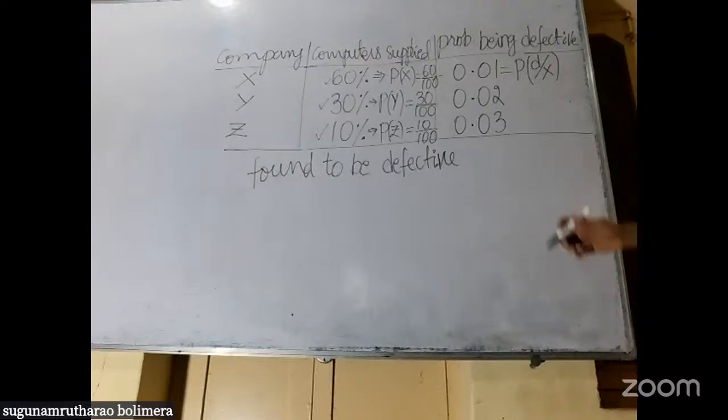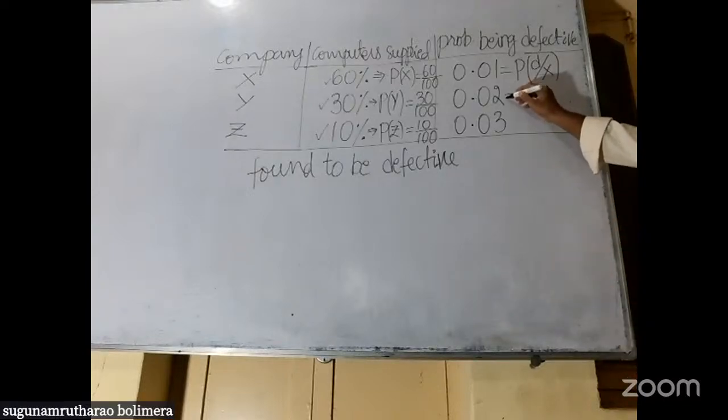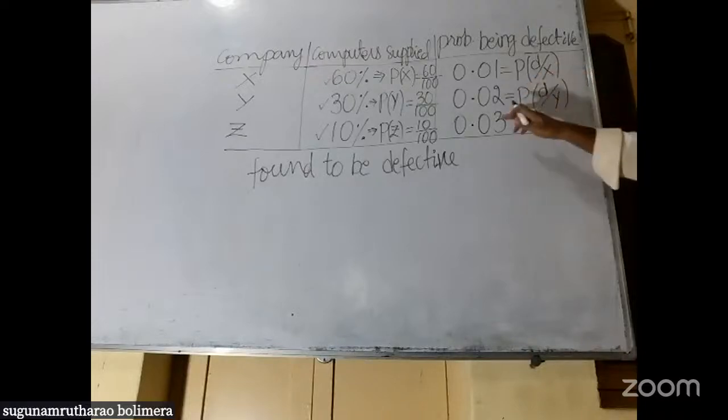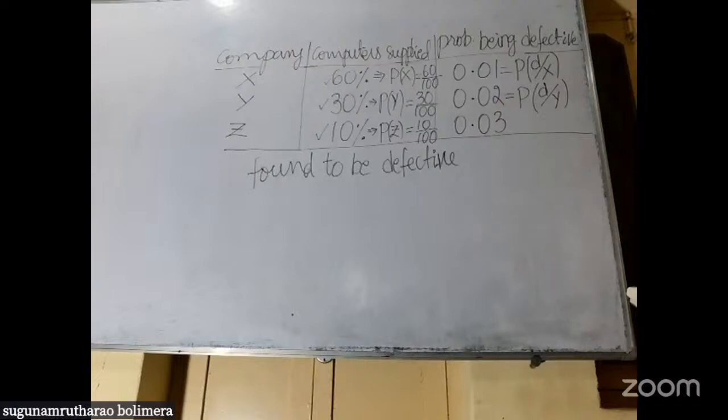Clear? And next, among those Y supplied computers, 0.02 are defective. That means you have to write 0.02 is P of D given Y.